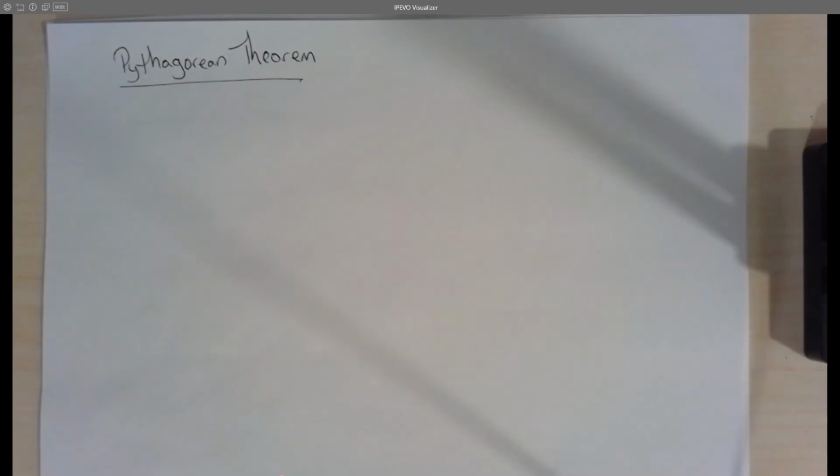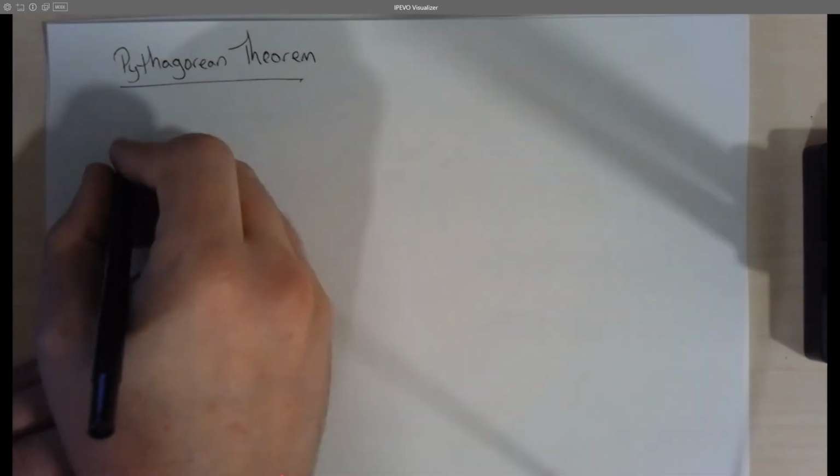It may already be a term that you've heard before. It was created by a Greek philosopher called Pythagoras, who, when working through math, saw that there was a connection between some of the distances or measurements of right-angle triangles. So it's all about right-angle triangles.